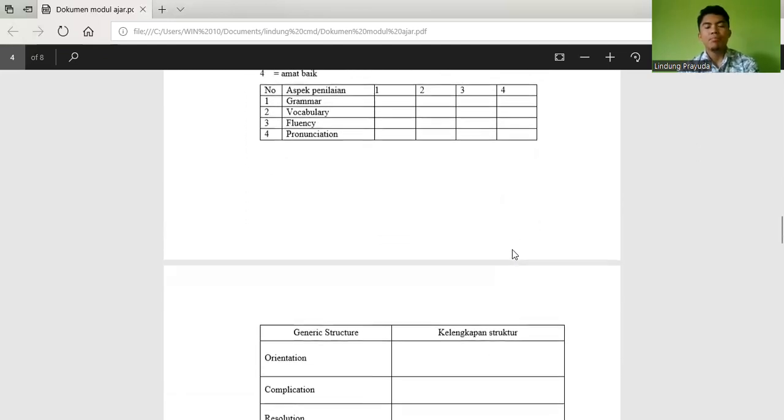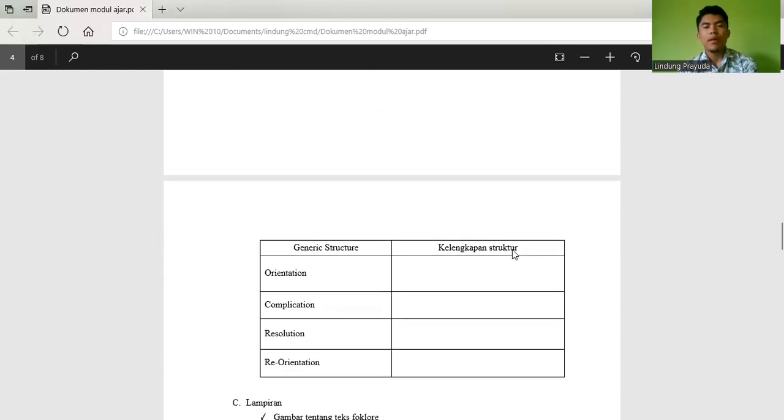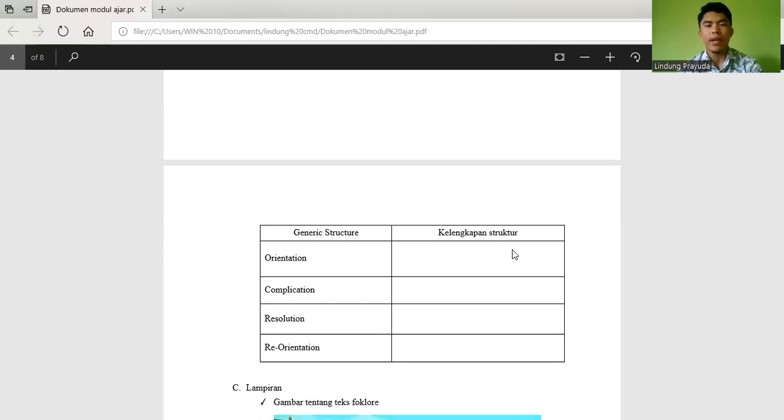I think most importantly, the students are able to create a simple narrative text, with at least the orientation, the complication, and the teacher will see how good the orientation, the complication, and the resolution are, but it is a simple narrative text.